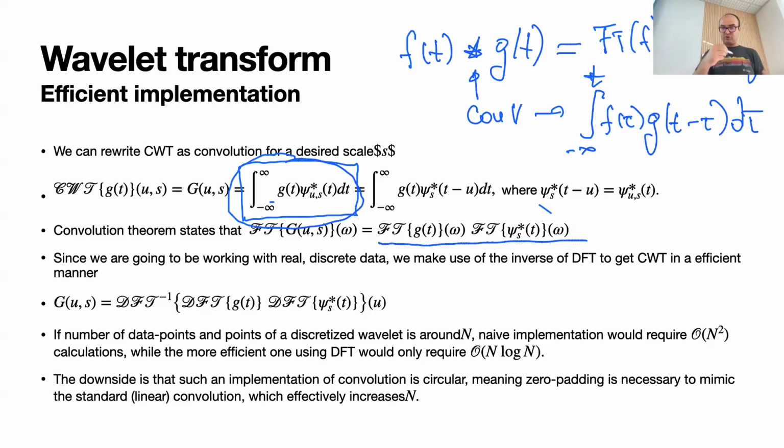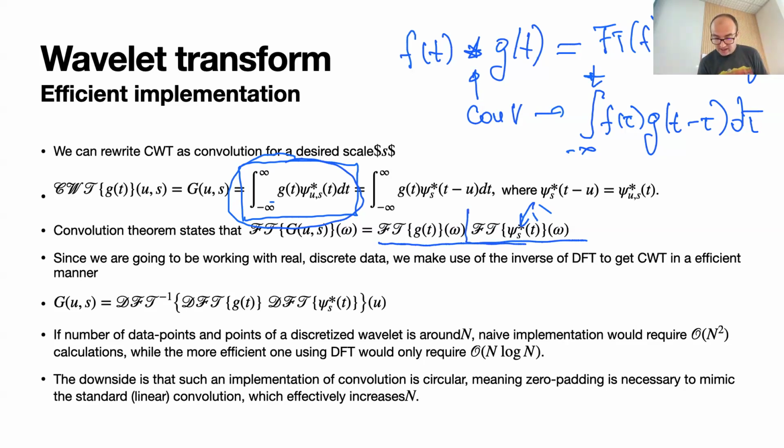Plus, as I told you a couple of slides previously, because we select the mother wavelet, we know its shape in a symbolic form. We can calculate its Fourier transform symbolically. We will do it once. Actually, none of us will be doing it, because we know the Fourier transform of the wavelet up front.